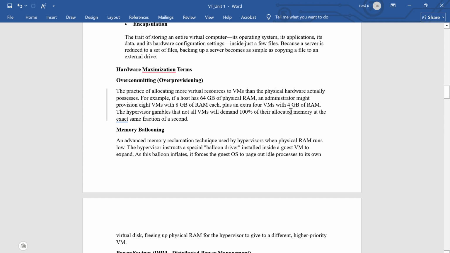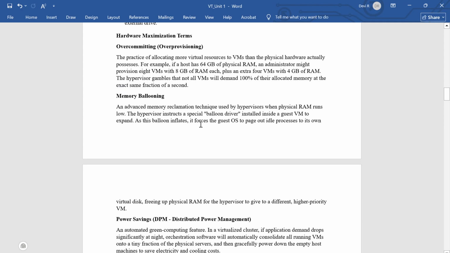But if you include another 4 VMs with 4 GB, where will they get the resources? They won't get the resources, and automatically the system will go down, right? So the hypervisor gambles that not all VMs will use 100% of their allocated memory at the same fraction of a second. Next we will see what is memory ballooning.